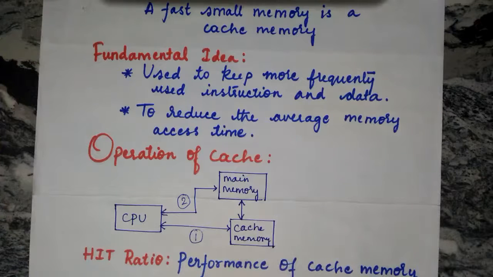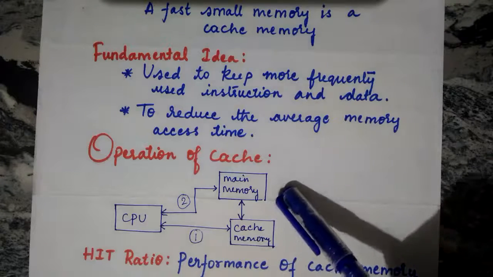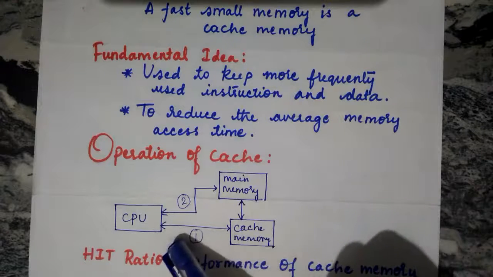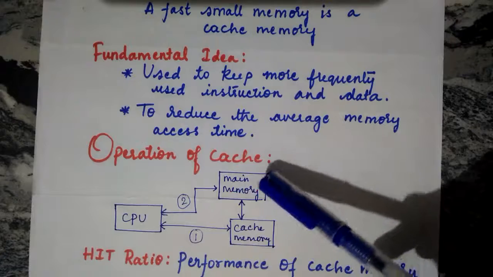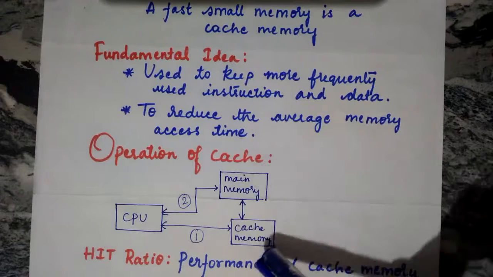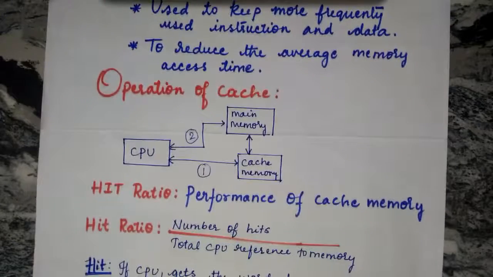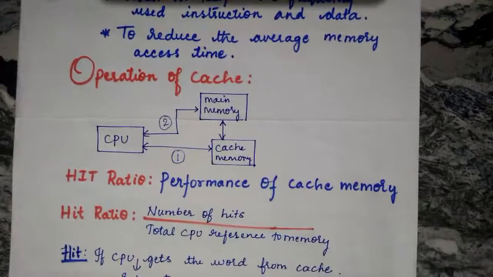If the word addressed by the CPU is not found in the cache, the main memory is accessed to read the word. A block of words containing the one just accessed is then transferred from the main memory to the cache memory.